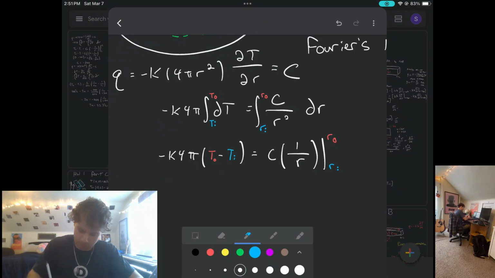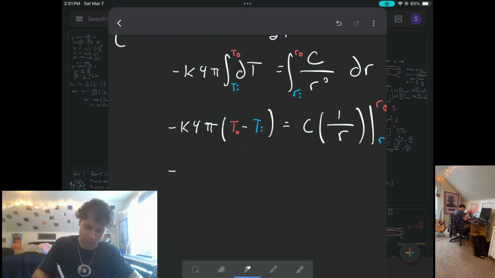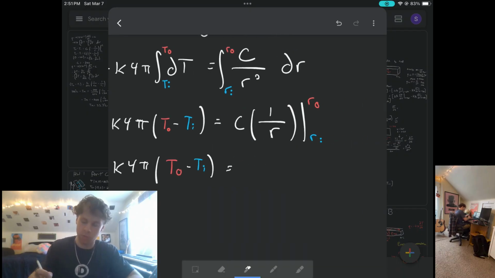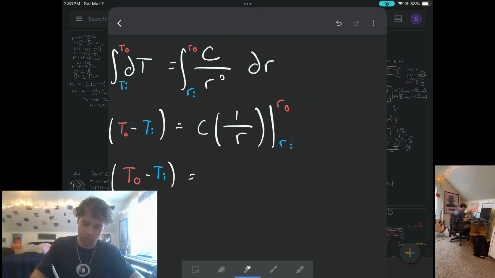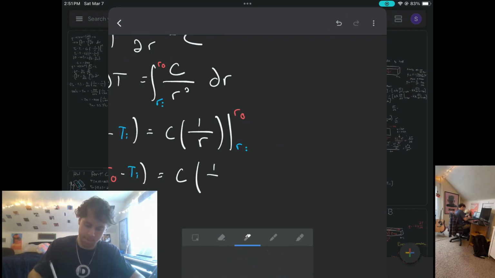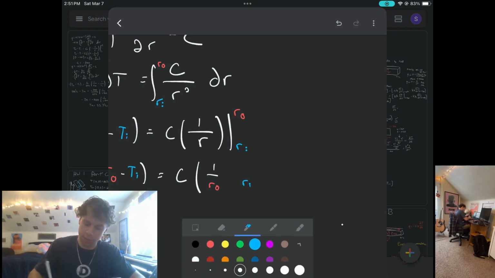So what we end up with is negative thermal conductivity times 4 pi times the temperature of our outer surface minus the temperature of our inner surface is equal to our heat flow constant C times the reciprocal of our outer radius minus the reciprocal of our inner radius.